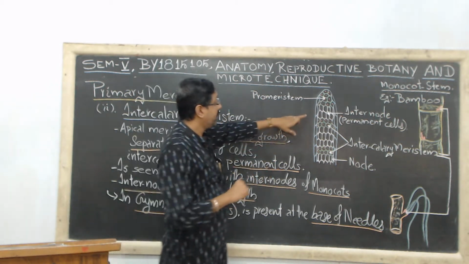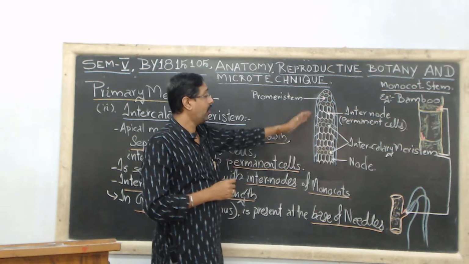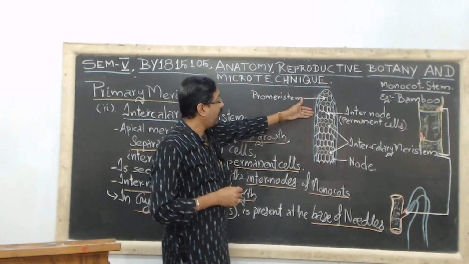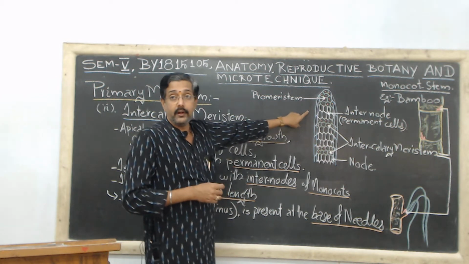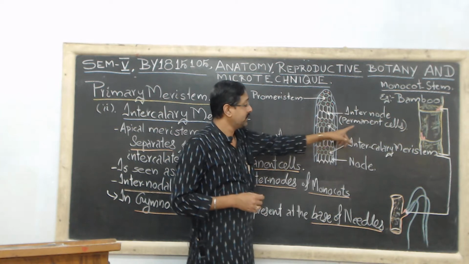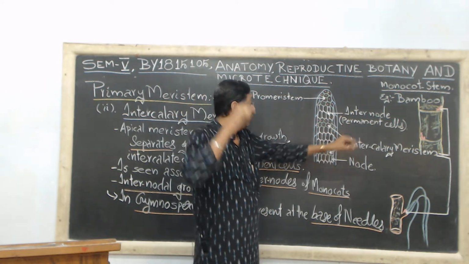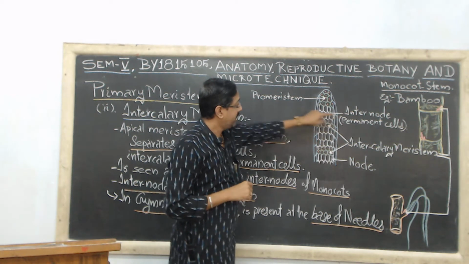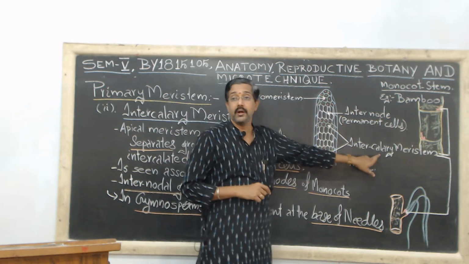Here, if we observe a vertical section under the microscope, we can see the node and internodal portion. Normally the node and internodal portion possess permanent cells derived from the primary meristem. In between such permanent cells, that is in the internode, we can see the intercalary meristem.